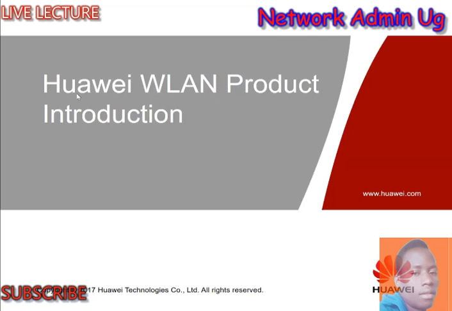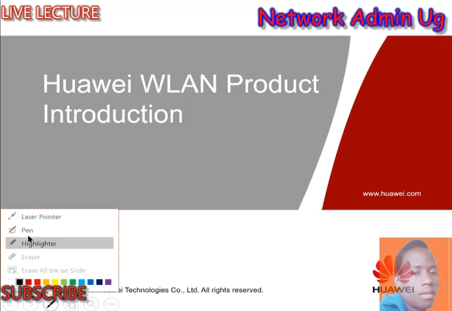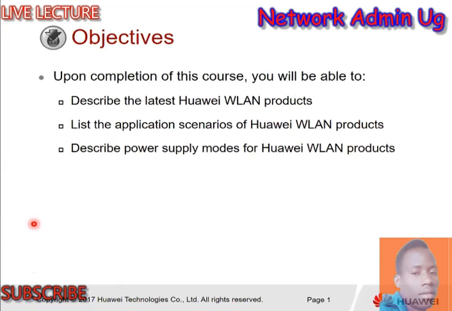We are going to describe the wireless products for HUAWEI, and also look at the various applications of these products and the various scenarios. We shall also look at the power supply modes for these products, because we need to know how we can connect them to power. We have a technology called Power over Ethernet that has various modes to connect to various devices. We shall explore all that. By the end of this chapter, we shall be knowledgeable about all that content.